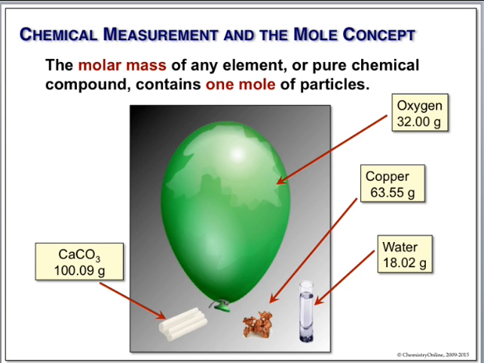Now think about this in terms of chemical reactions. If I told you that 1 mole of copper reacted with 1 mole of water, we would know we would need 63 grams of copper and 18 grams of water. That's how we're going to use the mole concept.